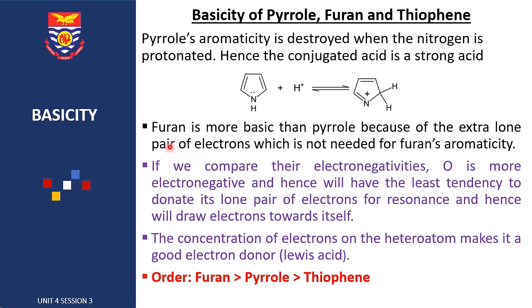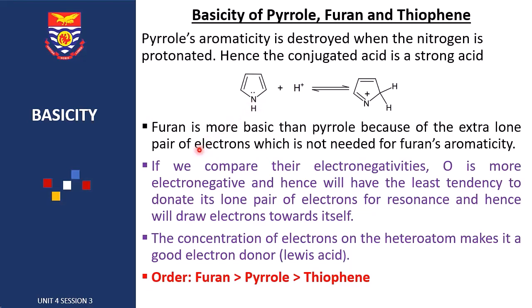Now, if you want to compare the basicity between pyrrole and furan, if we consider the fact that furan has another lone pair of electrons that is not needed for its resonance formation or aromaticity, then it means that furan will be more basic than pyrrole, because furan will have 2 lone pairs of electrons on its heteroatom, the oxygen, whereas in pyrrole, the nitrogen has just 1 electron pair, which is even used in resonance or aromaticity.